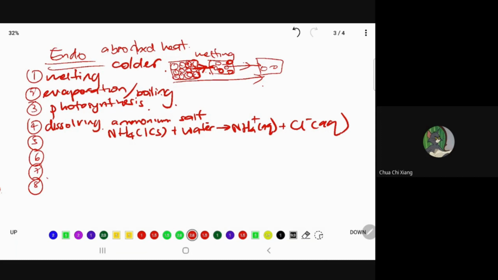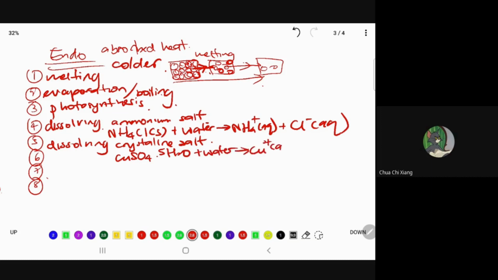Okay, another one is dissolving crystalline salt, or hydrated salt, okay? You have to memorize these 8 in order for you to score A+.